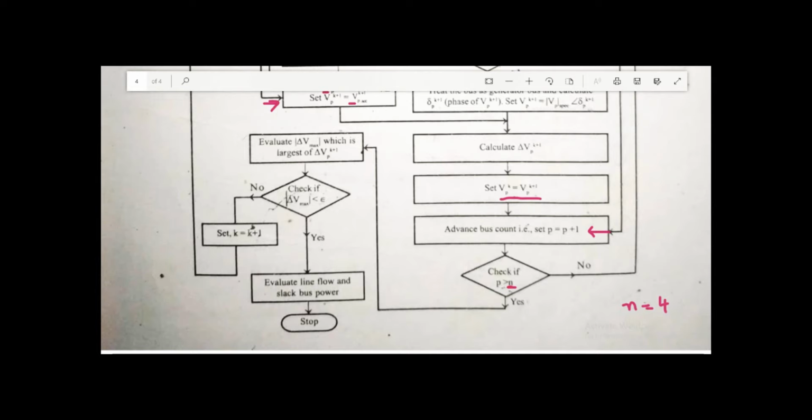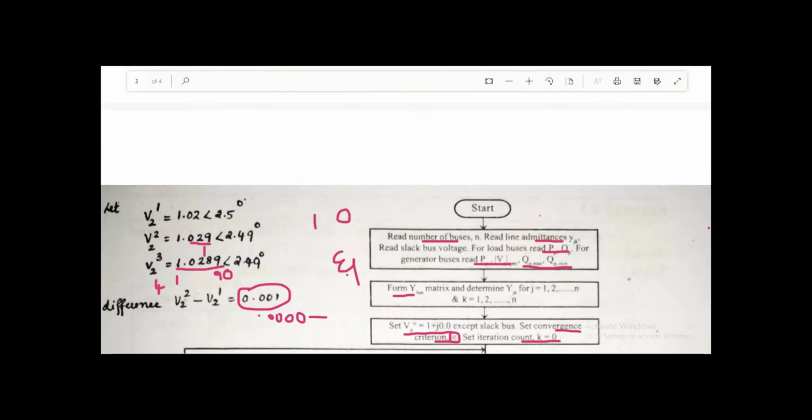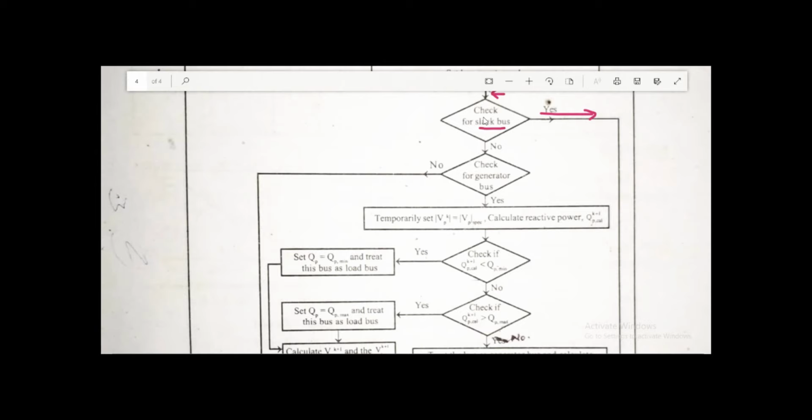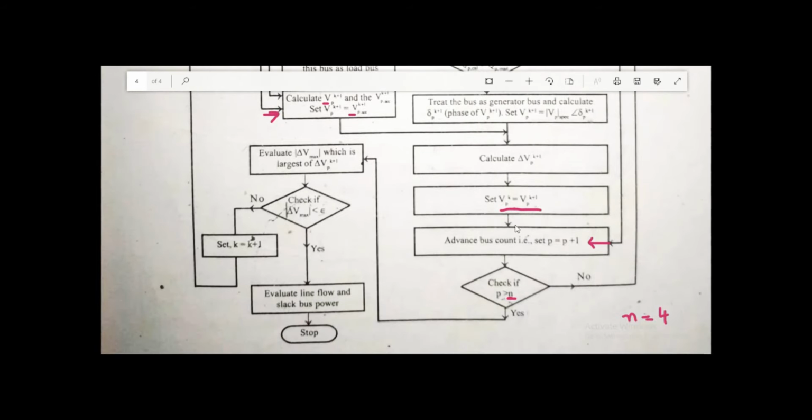No, it is again no. So now again moving back to the initial condition, you are checking for slack bus, and if it is not a slack bus you are again checking whether it is a generator bus. Again you found that it is not a generator bus, and obviously it is a load bus. Then the same process repeats. Again coming back here, increasing the bus count. Now your bus count becomes 4. Is 4 greater than 4? No, 4 is not greater than 4.